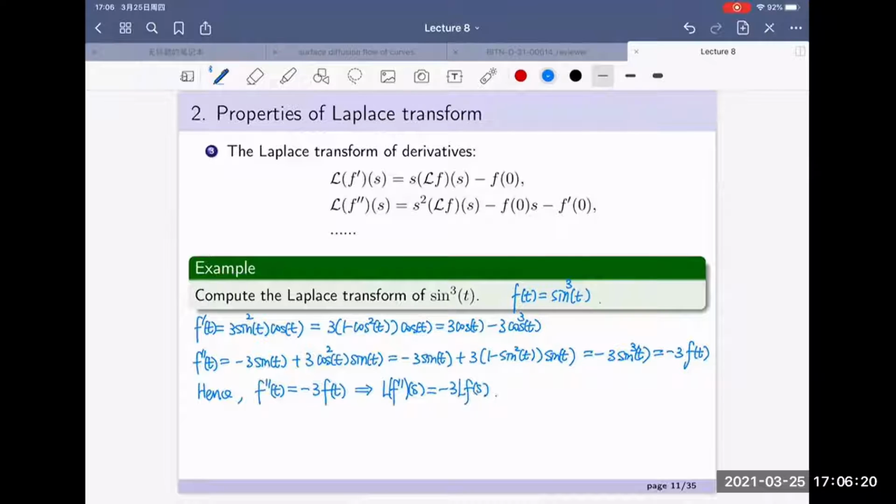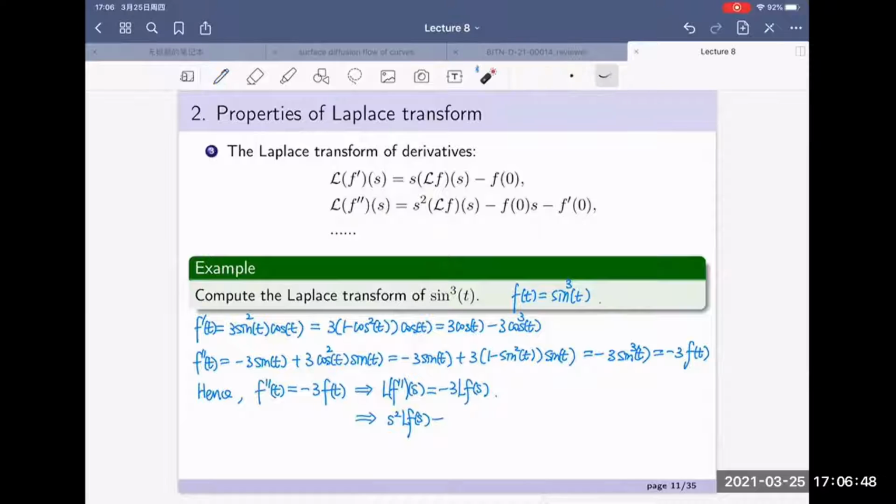Okay, but what's this? The Laplace transform of the double derivative. You can use the formula here. The Laplace transform of the double derivative is the Laplace transform of the original function multiplied by s squared, minus f of 0.